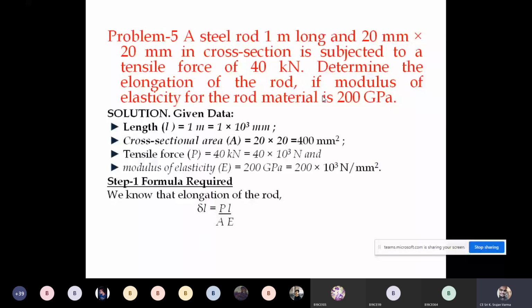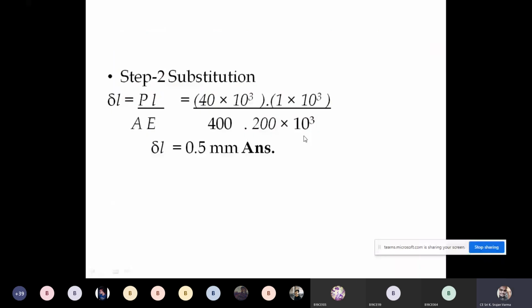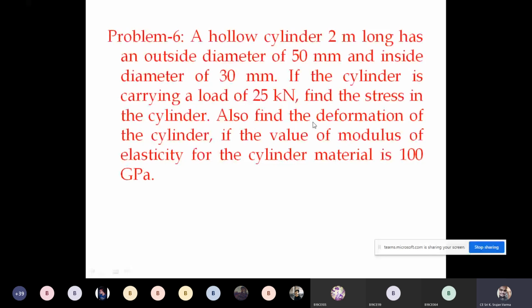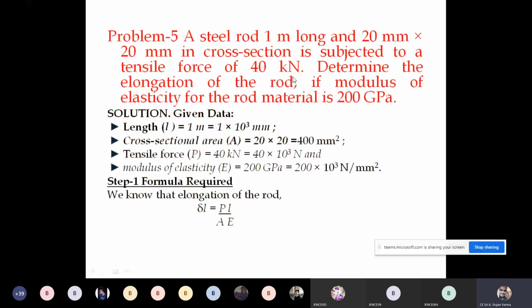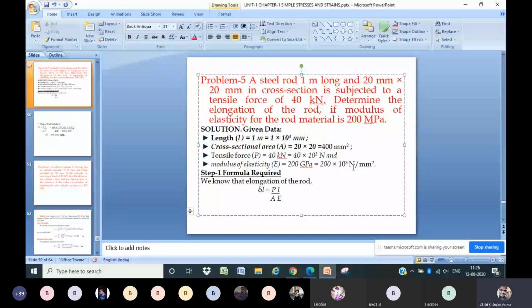It is printed as 10 to the power 3. Just change it to 10 to the power 9. I have made a small mistake here in the calculation part. Or you can change this in the question to 200 megapascal, that is 200 into 10 to the power 3.